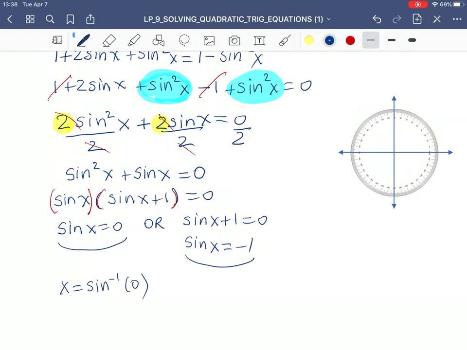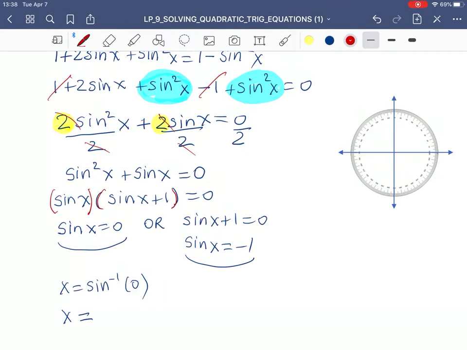So we have two equations so far, 1, 2, and we're going to solve each of them. So x equals inverse sine 0. And we know that x equals, in this case, the sine will be 0. Remember, our domain is 0 to 2 pi.